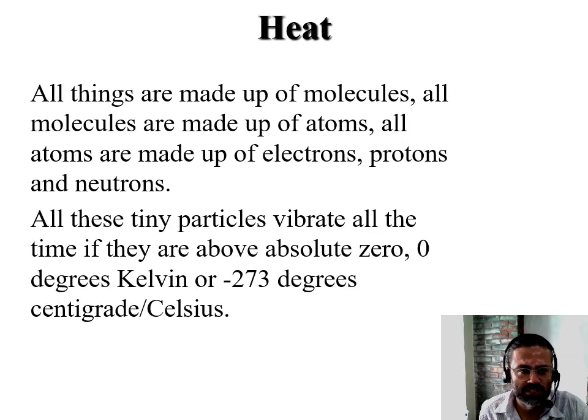So as you take a look at the slide, it's basically talking about how everything is made out of electrons, protons, and neutrons, which is the smallest level that we're considering. And then above that is atoms, and then atoms make up molecules. So that's basically the hierarchy of how all this works. When we talk about this, they all vibrate all the time if they're above absolute zero.